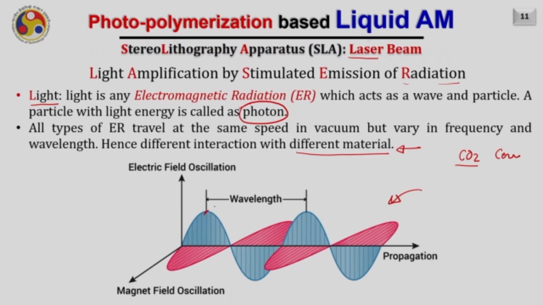And the distance between the two peaks on the wave is of course called the wavelength. Depending on the wavelength, the electromagnetic radiation will interact with the material. This particular axis is showing the electric field oscillation, this blue color one, and this pink color one is showing the magnetic field oscillation, and they both are perpendicular to each other.